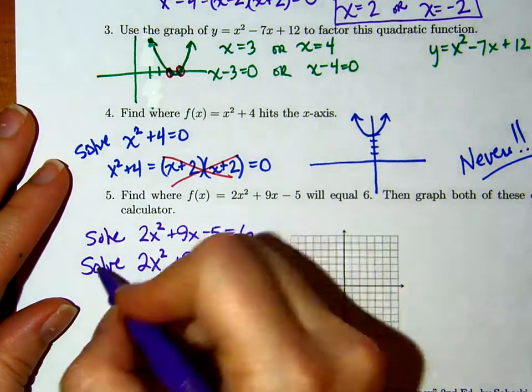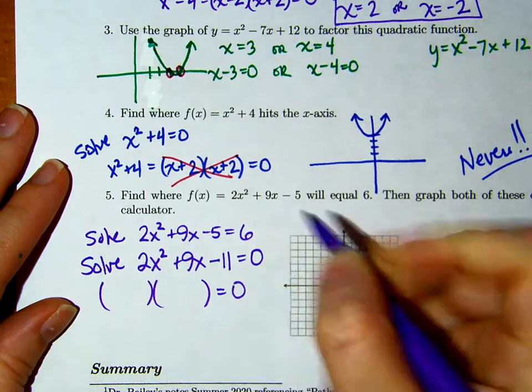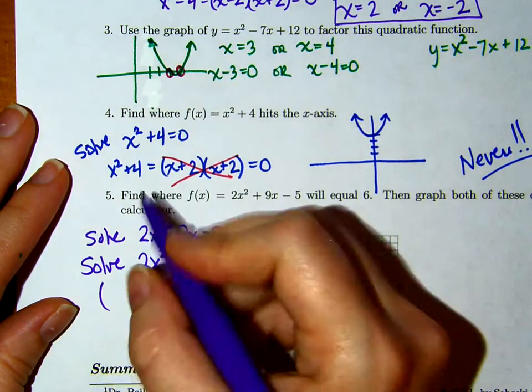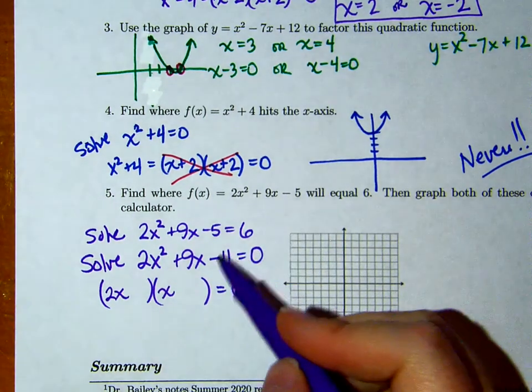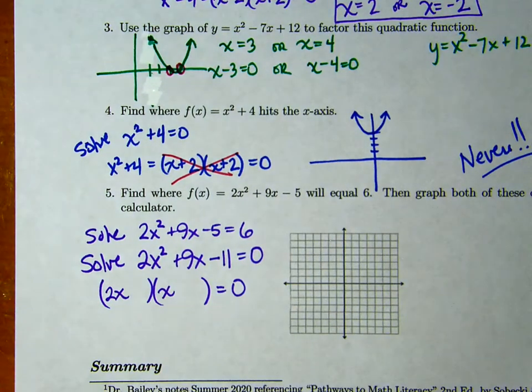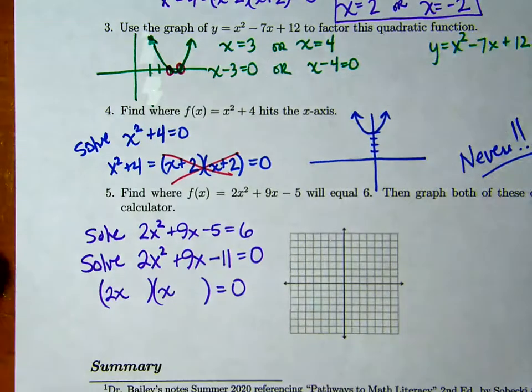Well, in order to get 2x squared, I'm going to need a 2x by an x. And in order to get to 11, I'm going to need 11 times 1. Something's going to have to be positive and something's going to have to be negative.